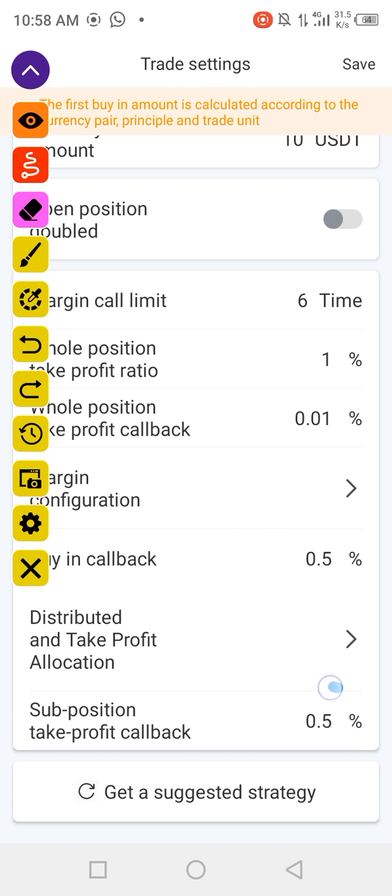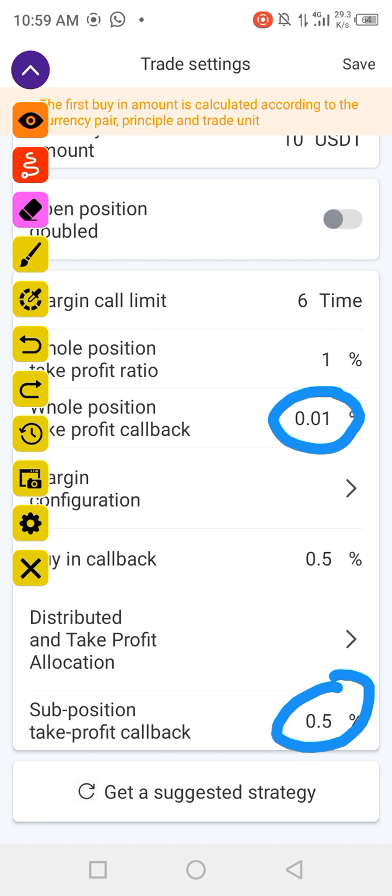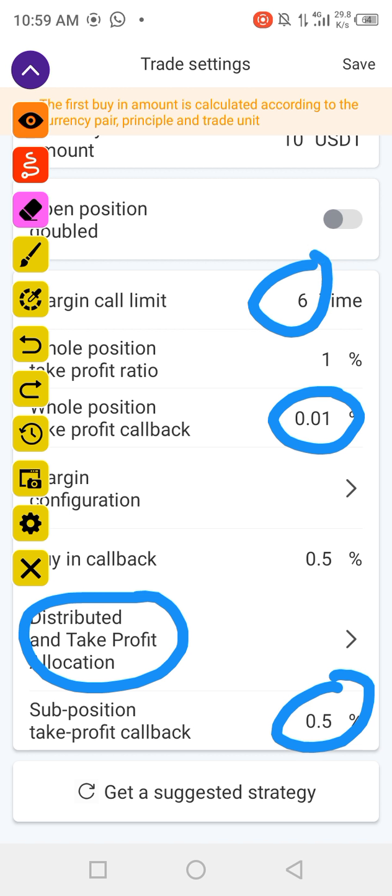This one and this one perform the same function. But this one controls the percentage profit in the sub position here. This sub position starts from position 5 up to the highest margin call that you set.